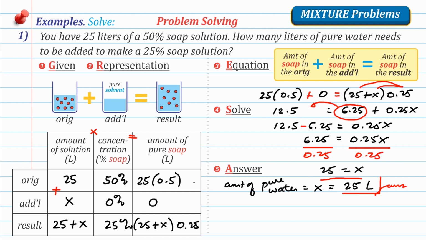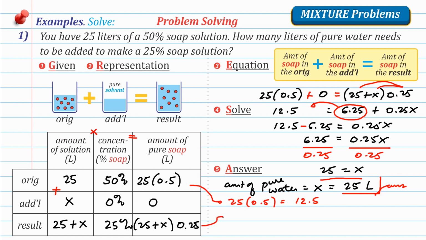Now, just to check, let's see, tama ba na magiging equal ang kanilang soap content at the end? Let's see. Checking, we now have 25 times 0.5 is actually 12.5. So originally, there are 12.5 liters of soap in the original solution. And then, of course, we added 0 soap, so it's useless.